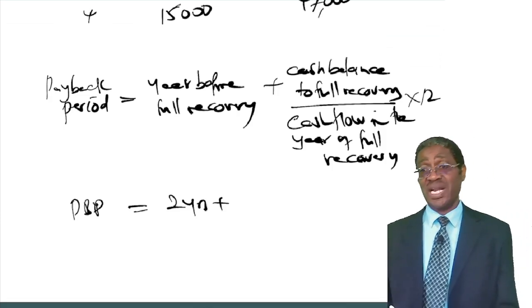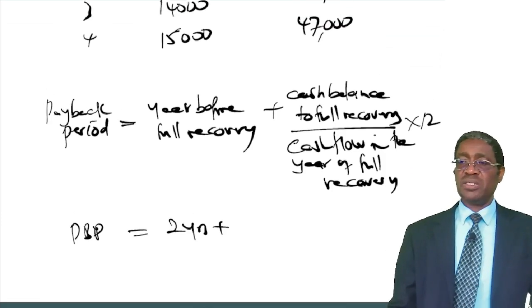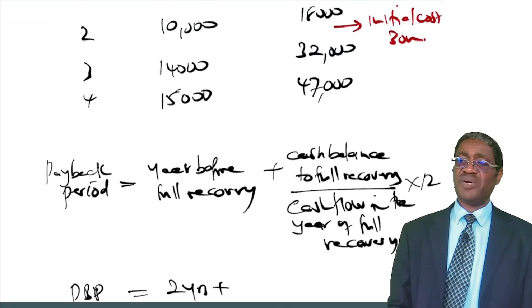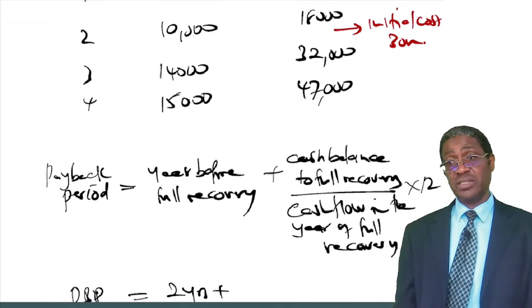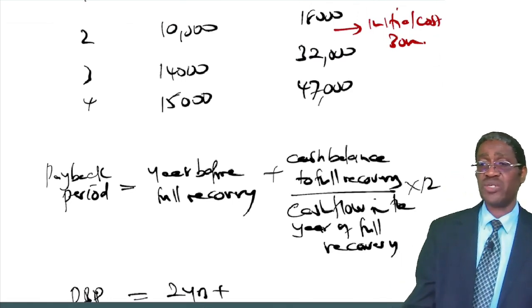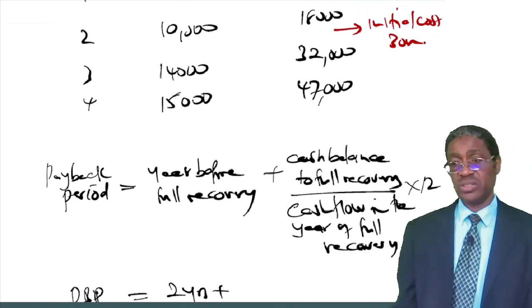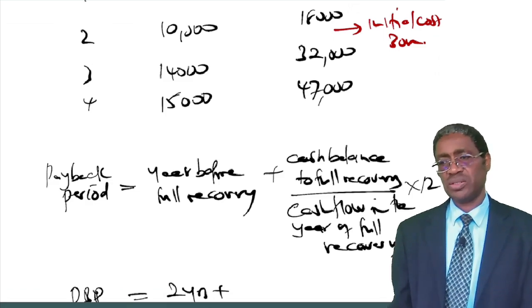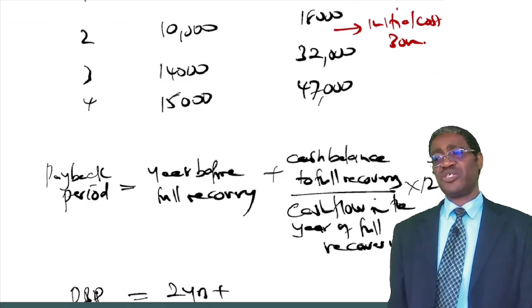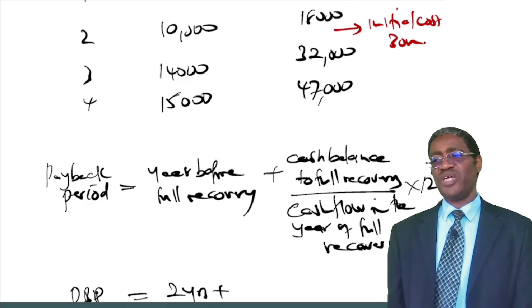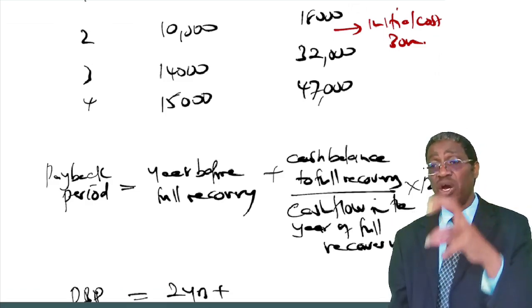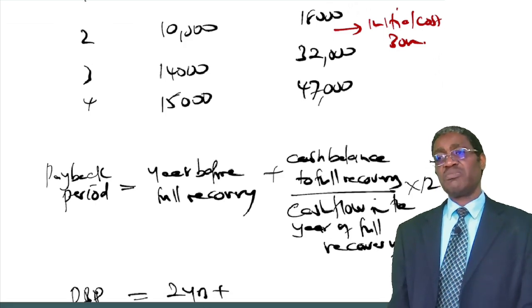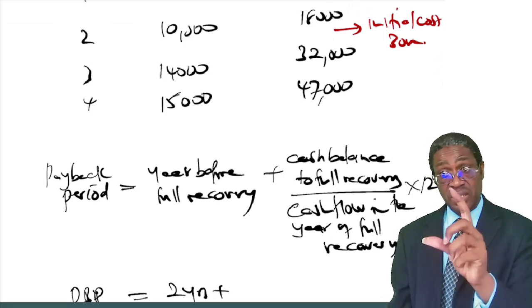I get the balance. So far, at the end of the second year, we have recovered how much? At the end of year 2, we have recovered 18. Our initial investment was 30 million. So you need another how much? I've only recovered 18, then I need to recover another 12 in year 3.